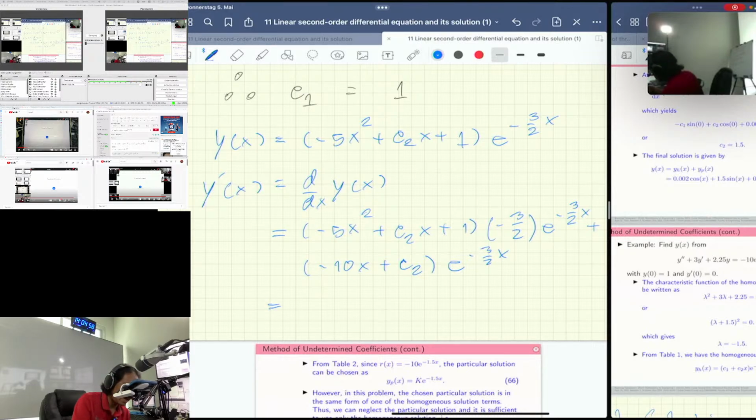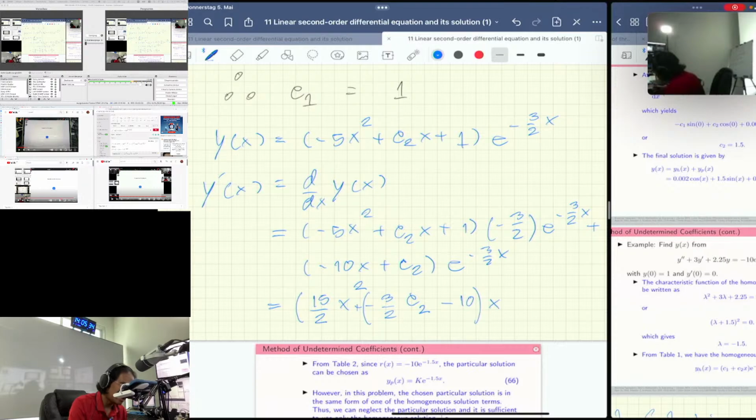In conclusion, you would have 15/2 x squared, and for the x term, -3/2 c2 and -10, right?